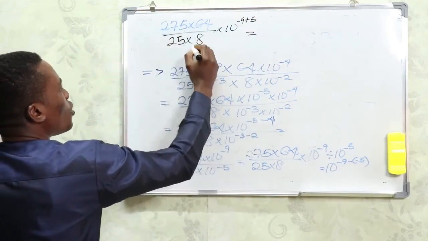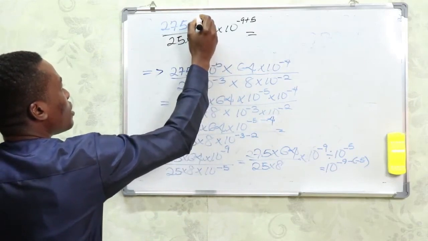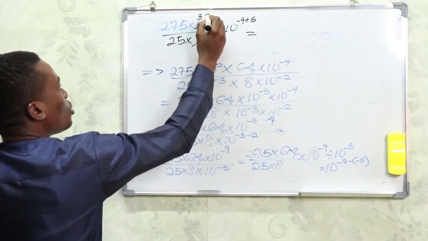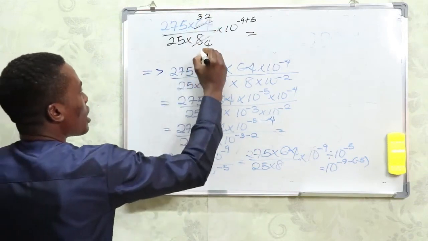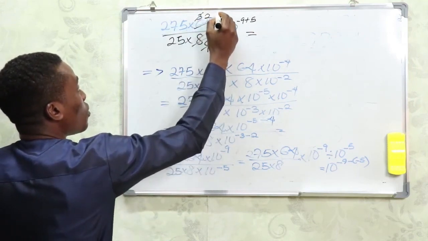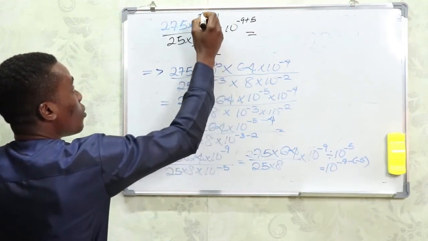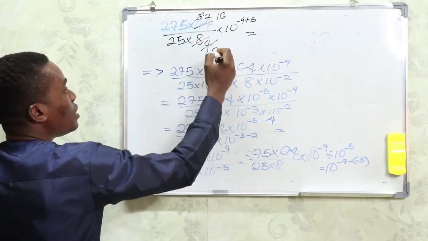Now a 2 will go here to give you 4 and a 2 will go here to give us 3 and 2, right? Good. Now a 2 can still go here to give us a 2. Now a 2 can go here to give us 1 and remainder 1. 2 in 12 will give us 6. So we are going to have this.